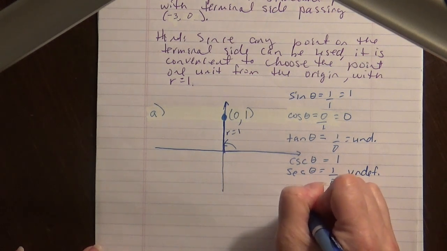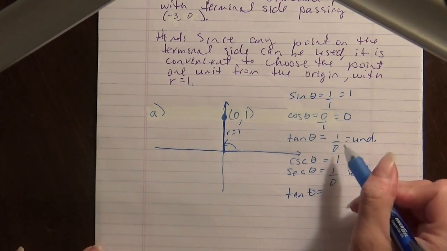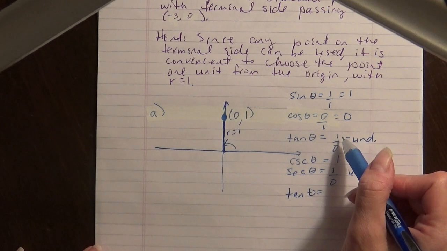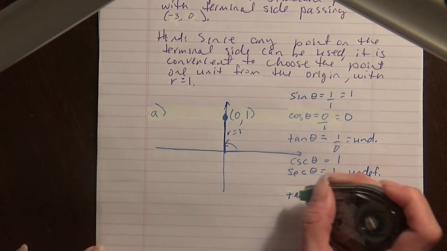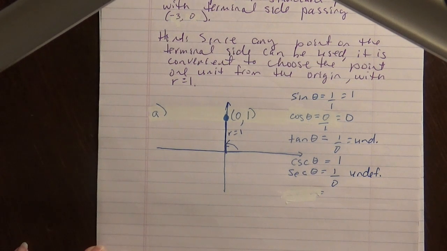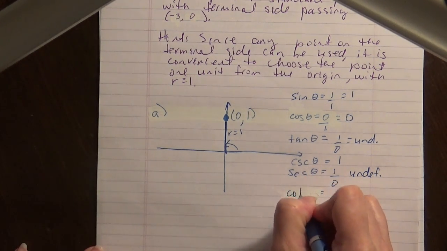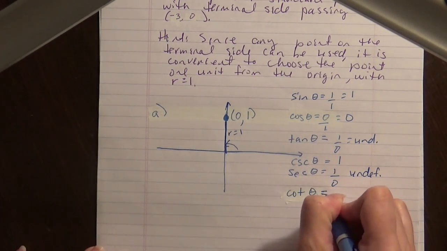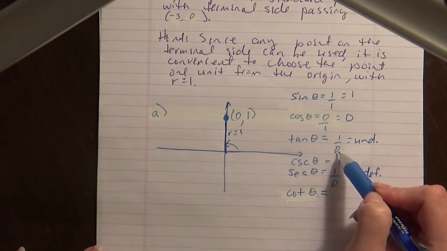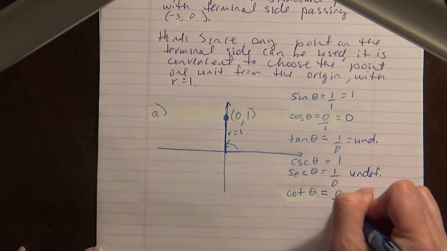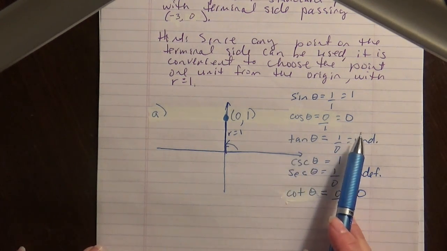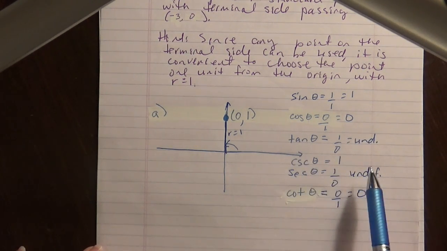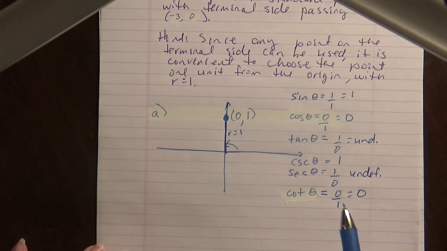Now we're doing cotangent theta, which is the reciprocal of tangent. So if I flip this one around, I get 0 over 1, and that gives me 0. So I got sine equals 1, cosine was 0, tan is undefined, cosecant is 1, secant is undefined, and cotangent is 0.